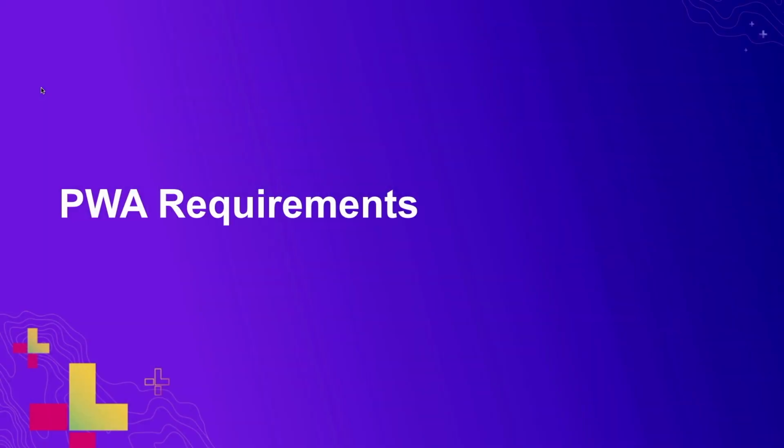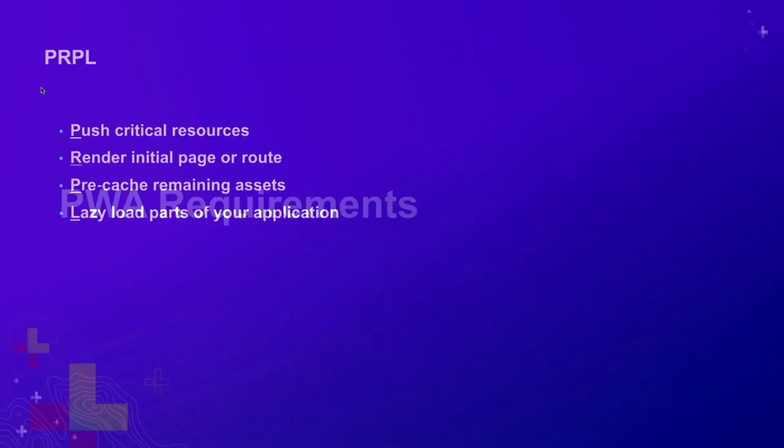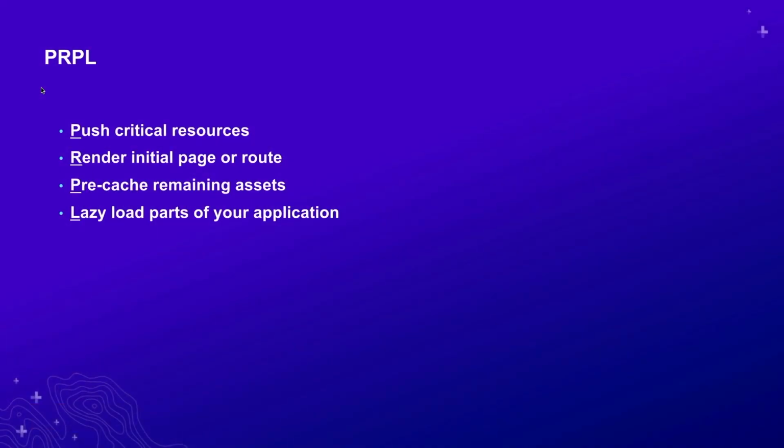All right, so what are some requirements to be able to call your app a progressive web app? All right, so there's the idea of PURPLE. You want to push critical resources, right? So this is going to be anything like the very necessary JavaScript, as well as CSS and HTML, just for the page to load, right? What do you really need to get started? Render the initial page or route, right?